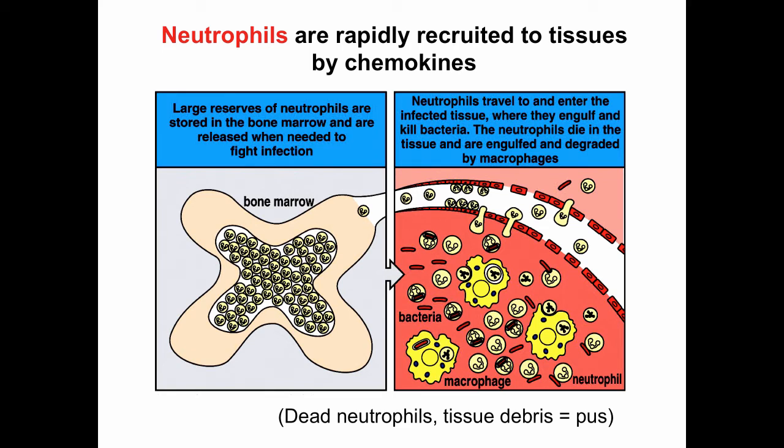Okay, so during an acute inflammatory response, one of the key steps involved in this response is the recruitment of neutrophils from the bloodstream into the site of peripheral inflammation. And so the first step in this is that neutrophils first have to be made in the bone marrow. They're released from the bone marrow into the blood circulation.